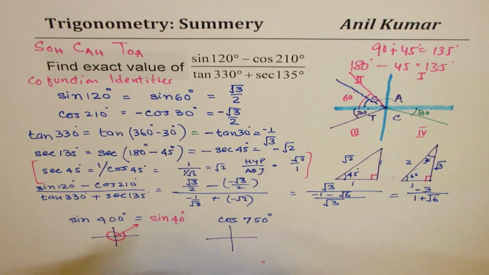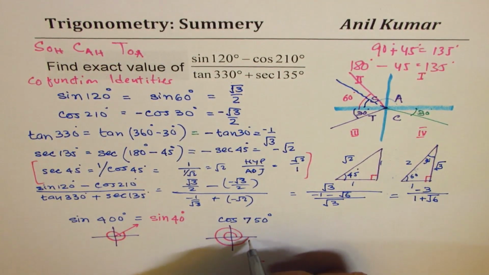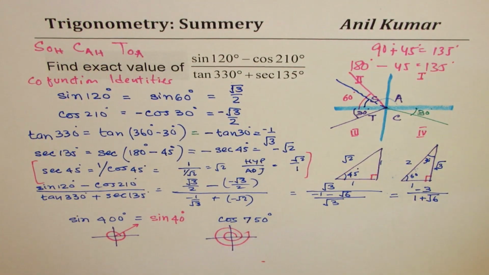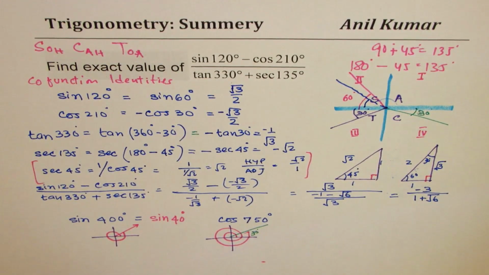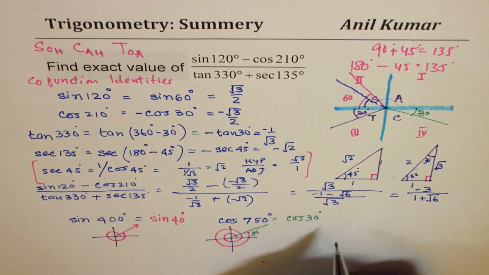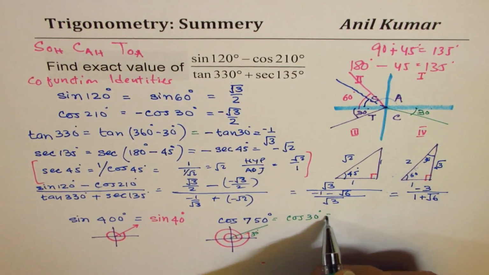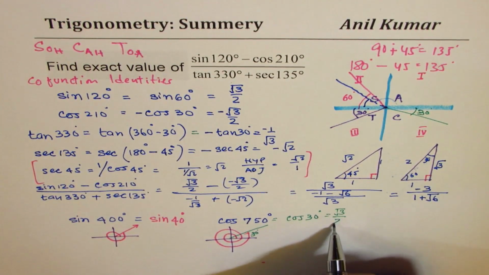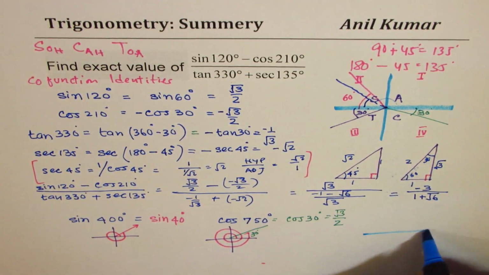So what we'll do here is we can go one full circle as 360, another circle as 720, and 30 more. So we get to this point where this angle is just 30 degrees. Do you see that? So this is equal to cos of 30 degrees. And from this triangle, cos of 30 degrees is square root 3 over 2. Do you see that? So any given angle can be solved with the help of what we did so far.